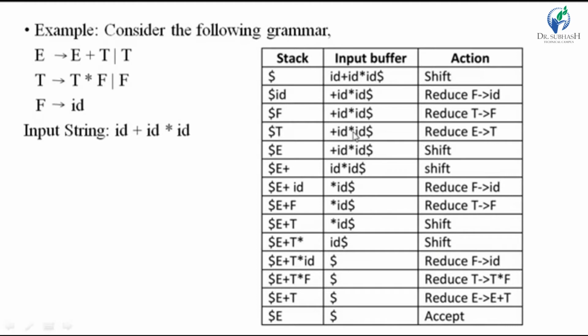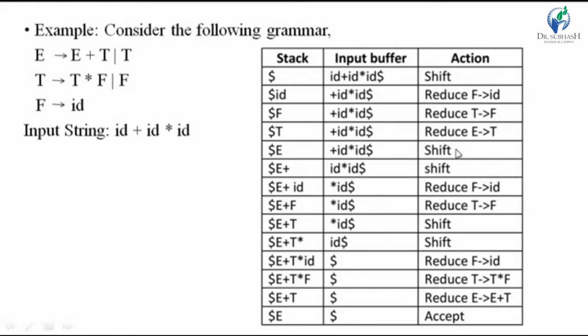Input: plus ID star ID $. Now this T is reduced by E because E gives T. So this T is reduced by E. Input: plus ID star ID dollar. Now move this input symbol onto the stack.